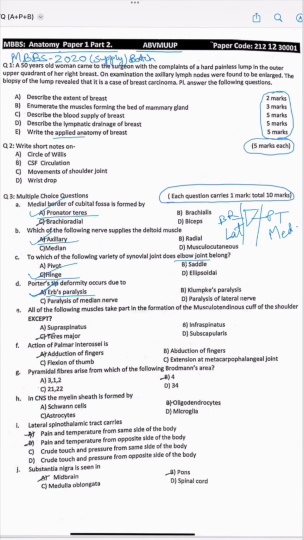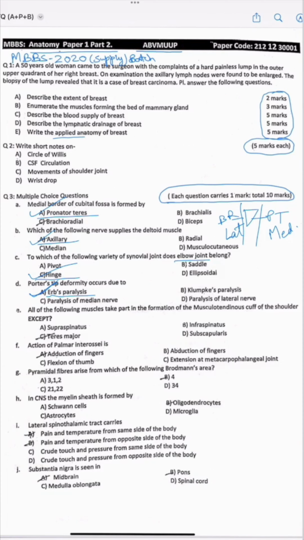Question number 3A. All of the following muscles take part in the formation of the musculotendinous cuff of the shoulder except. So you know the mnemonic SSIT, anterior to posterior: subscapularis, supraspinatus, infraspinatus, teres minor. All these four muscles together form the musculotendinous rotator cuff of the shoulder joint.